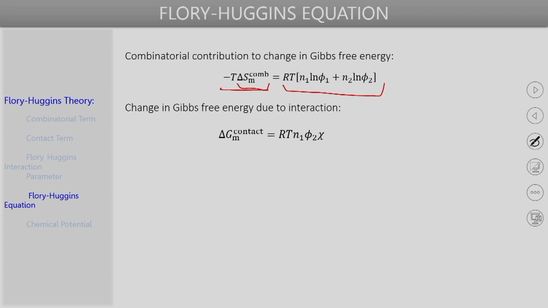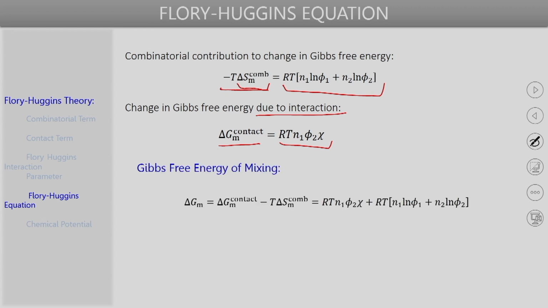Similarly, the other contribution, due to the intermolecular interactions, is this contact Gibbs energy change of mixing, and that we just saw is RT N1 phi 2 chi. So, we combine these two to get the Gibbs energy change of mixing for polymer solutions.